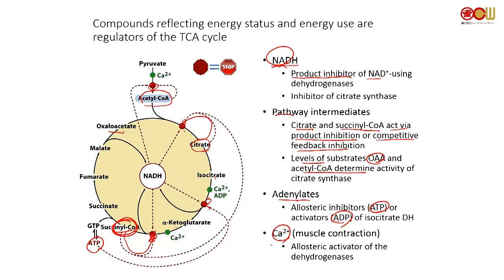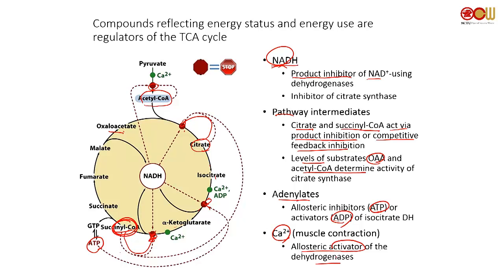Calcium for animals is related to muscle contraction, and calcium is an allosteric activator for these dehydrogenases, okay? And that has to do with, let's say today you are in need of ATP, and then you'll send calcium as sort of a signal to allow the production of ATP.